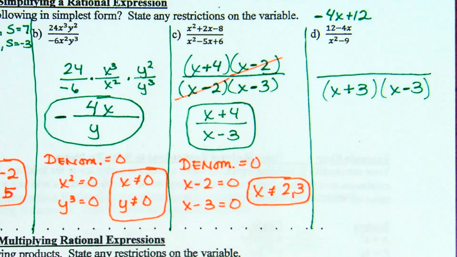Negative 4x plus 12. Notice there's no squared, so we're not doing two parentheses when there's no squared. What do you notice about 4 and 12? They both divide by 4. What's the factoring we're doing here? Is there a GCF?